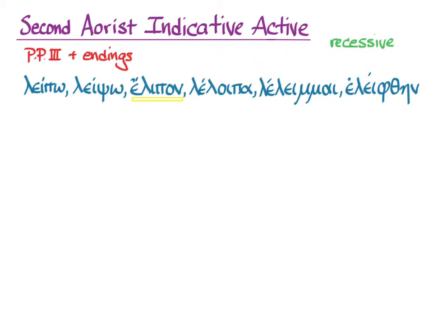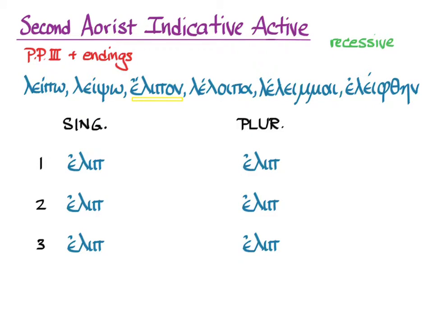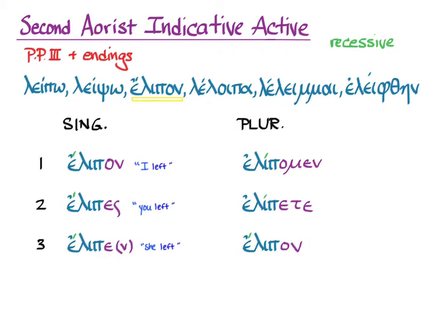So let's see what an example like that looks like. Here is the stem still augmented because we are in the indicative, and we'll put those endings on there. And we'll put the recessive accent on, and we get elipon, I left, elipes, you left, elipe or elipen, she left, elipomen, we left, elipete, y'all left, and elipon, they left.